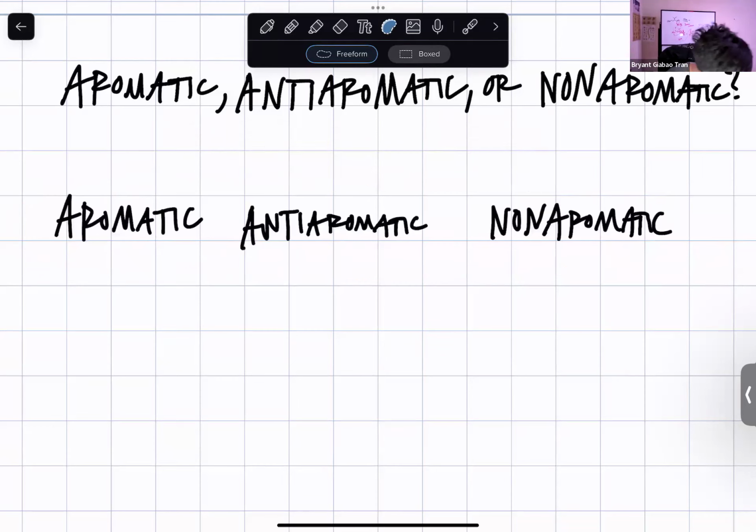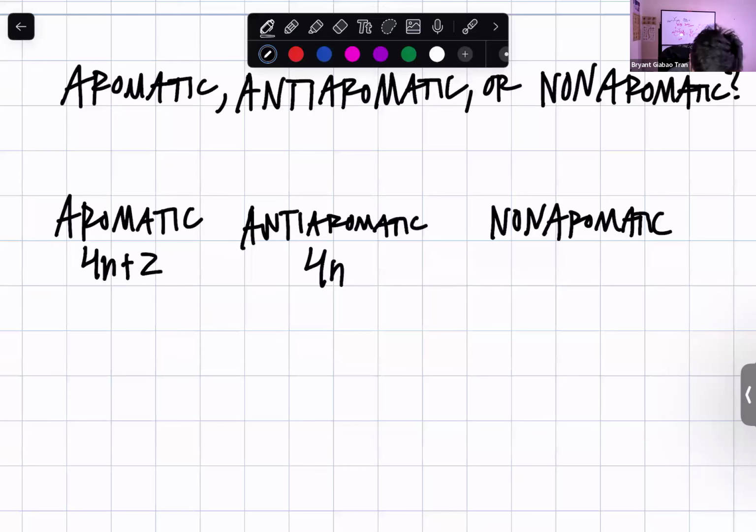You could think of the number of electrons as 4n plus 2 or 4n, right? But the way that I like to think about this is that the 4n plus 2 is going to be the odd pair of electrons. Not individual electrons, but a pair of electrons. So this is like the table that I gave you guys last night for the electrocyclic ring opening, ring closing reactions.